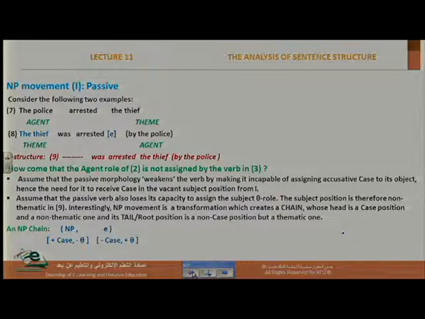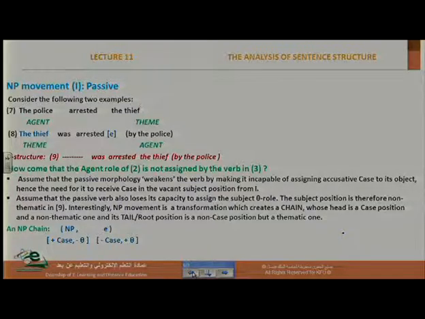And even this by the police can be, in fact, somehow deleted. So, in this sense, we can ask the question, how come that the agent role of 2 is not assigned by the verb in 3? Where is, sorry, in 9 it should be there.